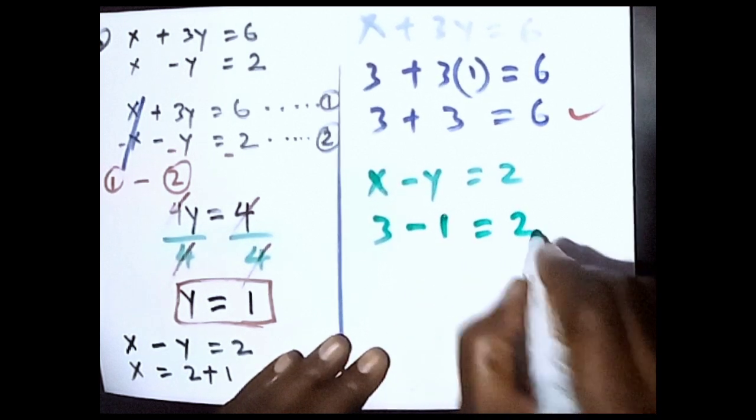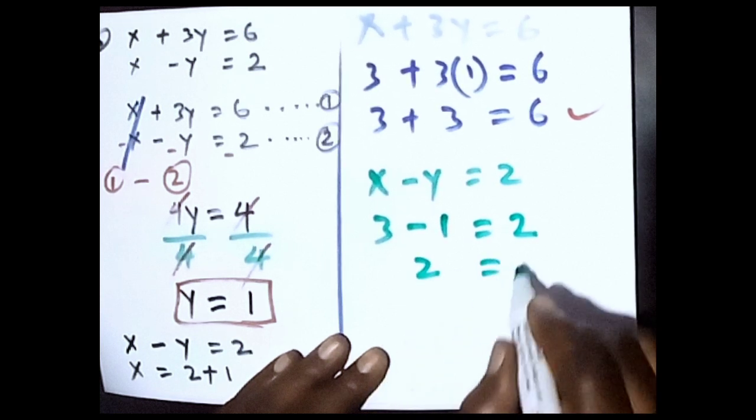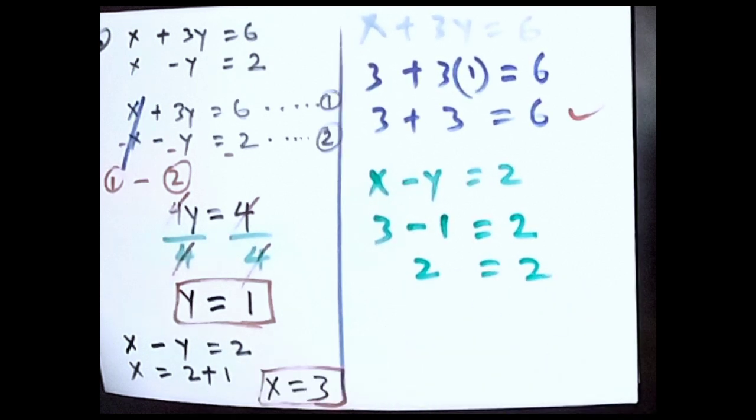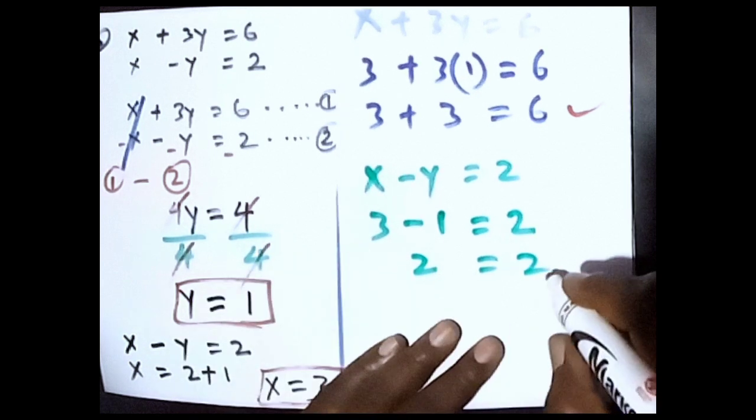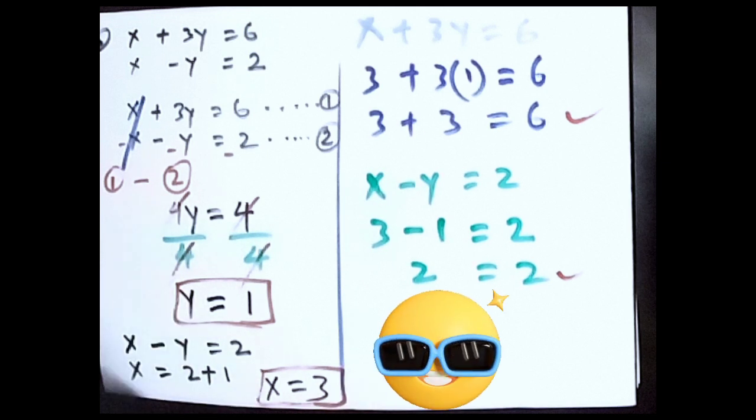Does that give us 2? Of course, 3 minus 1 is 2, which equals 2. So our second equation is also satisfied by these two values. x equals 3, y equals 1. So we are done with question number 2.